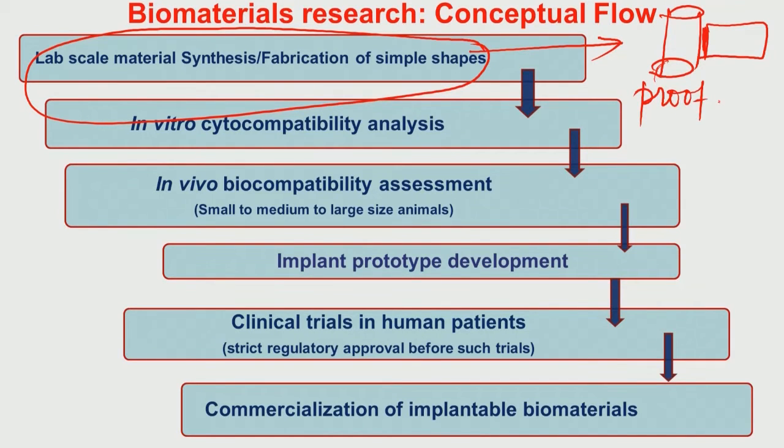Proof of concept essentially means, first of all, one has to know whether a material has appropriate compatibility at cell and tissue level. So, to prove that point you can do this testing with a simple shaped material.